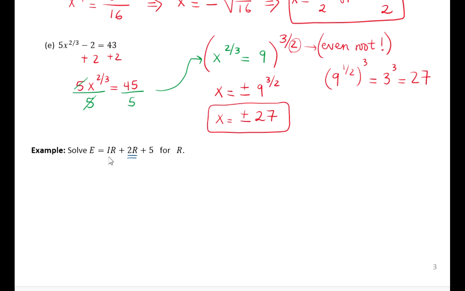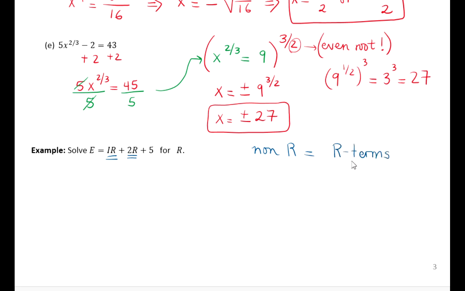That one has an R and that one has an R. So when you solve a problem like this, you try to combine R terms, which is your variable term, into one side and the non-R terms to the other side. Then that'll be easy. For example, this is a non-R term. Let's say we have non-R terms on the left side and the R terms on the right side.